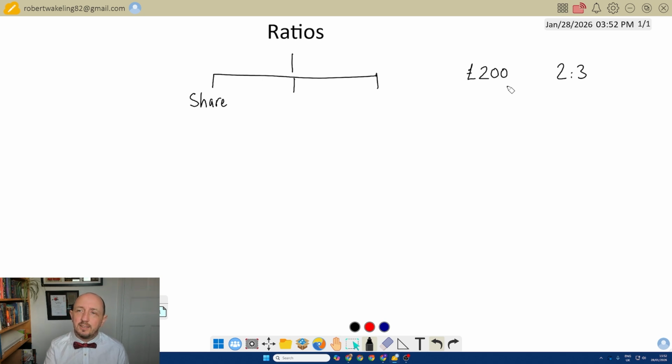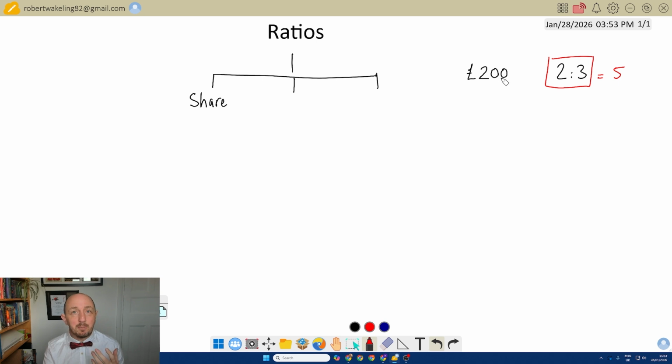And instead of doing that process manually like that, we say to ourselves, well, how much do I give out each time? 2 to you, 3 to you, we just add them up and we get 5. So essentially we're giving out £5 every time, and we want to know how many times 5 goes into 200.